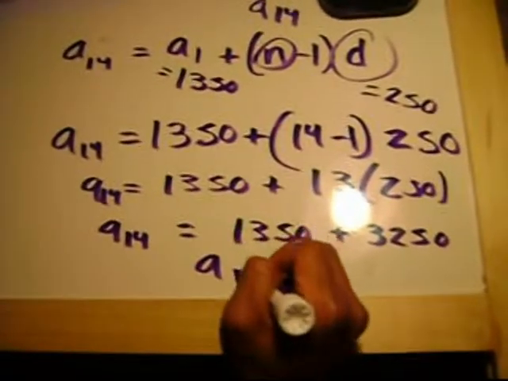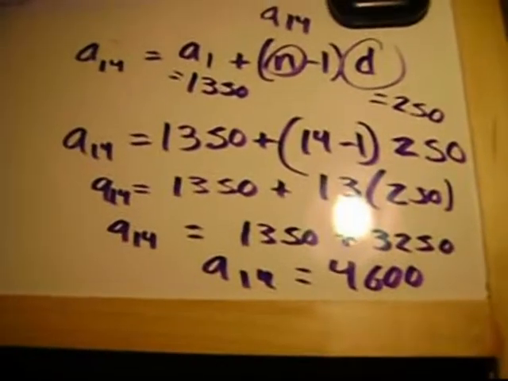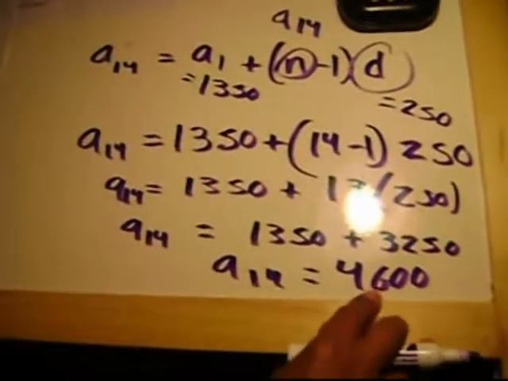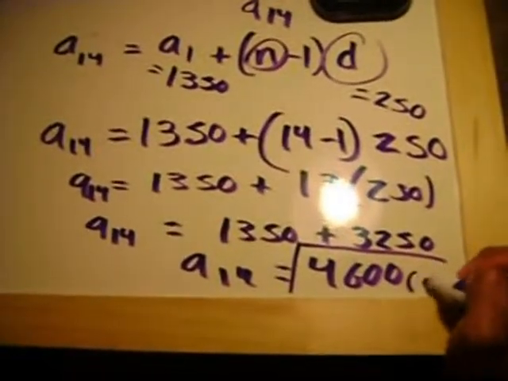And your final answer would be 4,600. So by next year in February, you're expected to sell 4,600 cars.